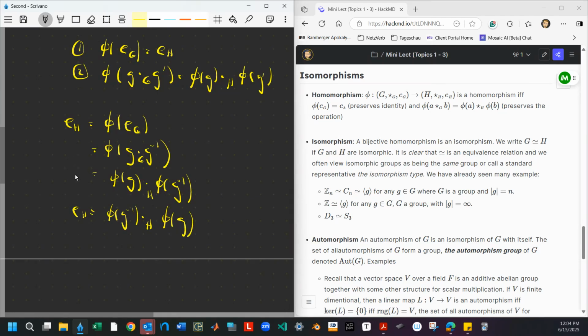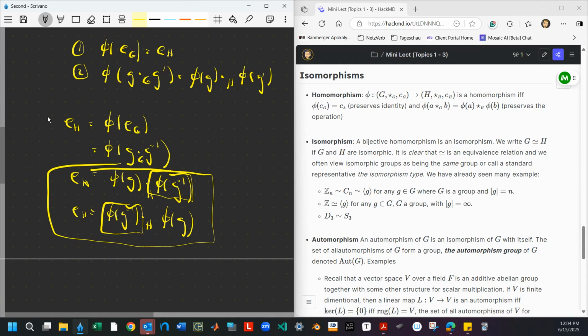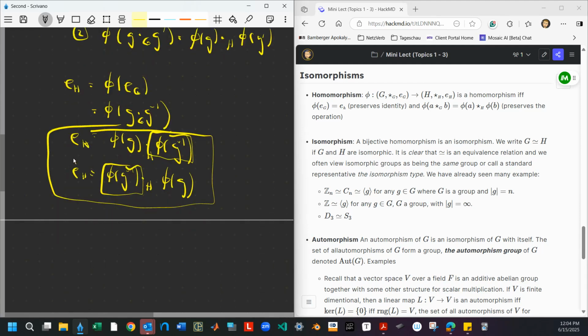Let me just rewrite this here. So we have those two things, right? And this is one of those situations where this guy here is behaving like an inverse to phi of G. And so it is an inverse because of the uniqueness of inverses, right? If we have something that acts like an inverse in the sense that if you multiply on the left and right by it, we get the identity element, then it is an inverse.